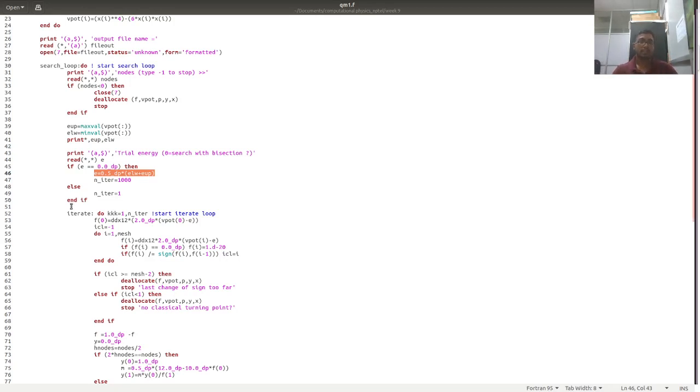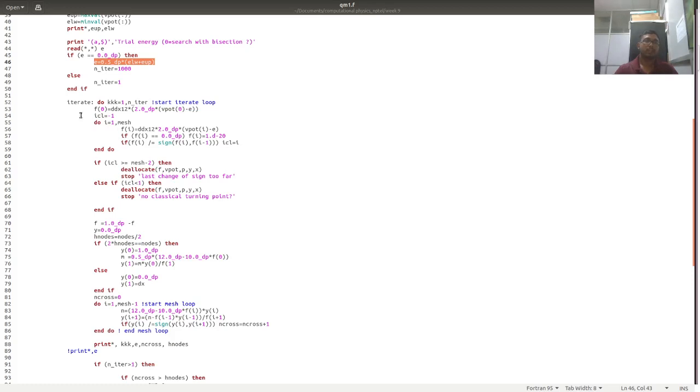Then we are going to iterate this 1000 times. After that it starts the iteration loop. It is a loop which starts from 1 and goes to the number of iterations.